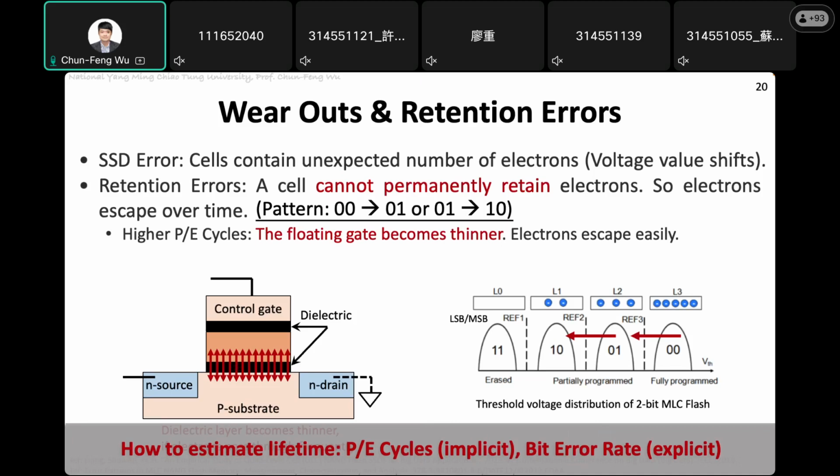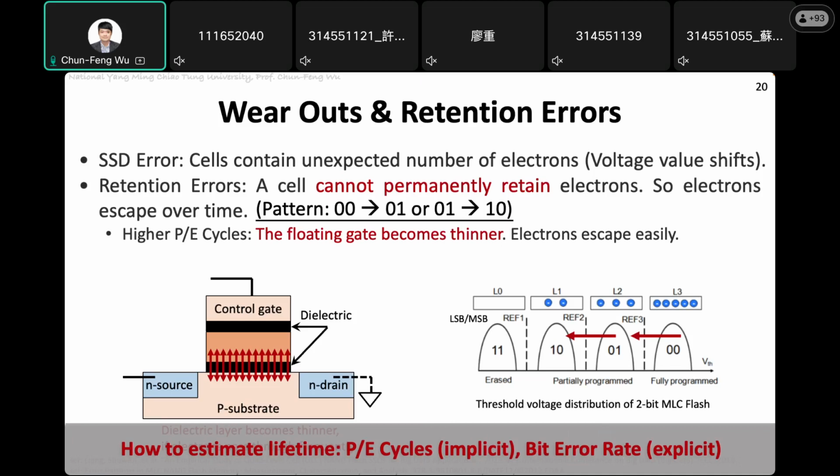So PE cycles is only for the user, programmer or system maintainer to easily know if the cells are still healthy or not. It's just an indicator. A more accurate way is to use the bit error rate, because when you read out the data, you can be 100% sure how many errors are inside.